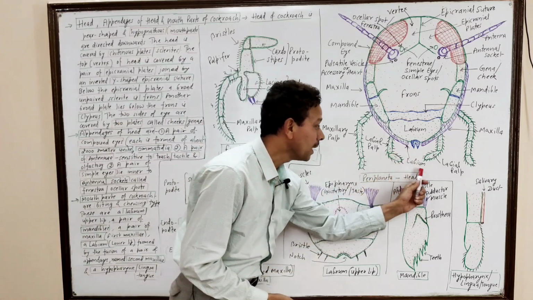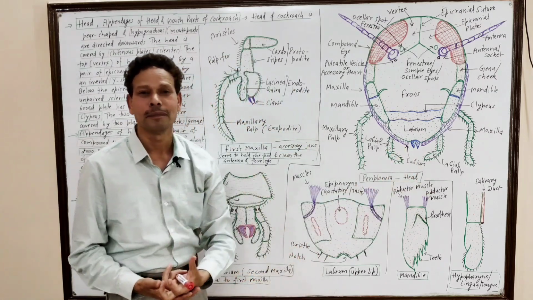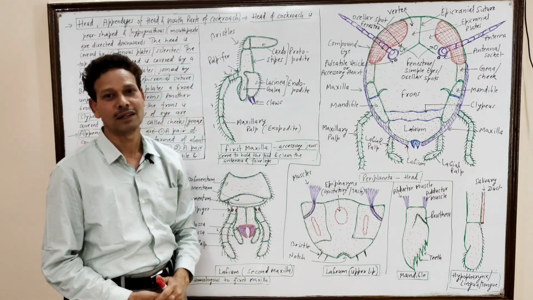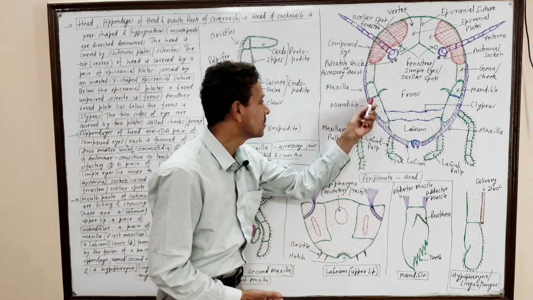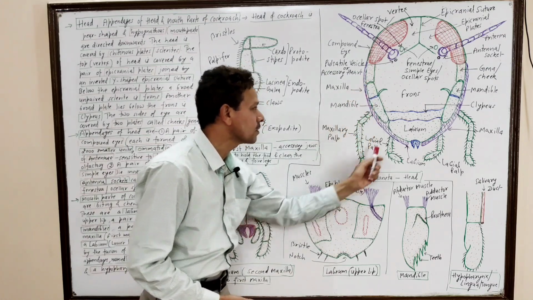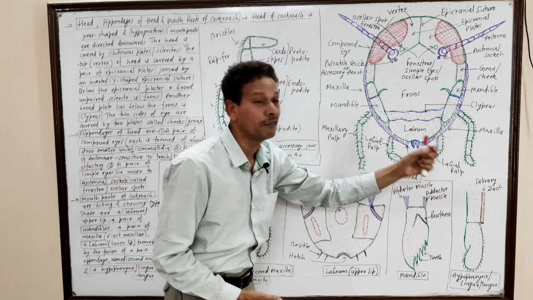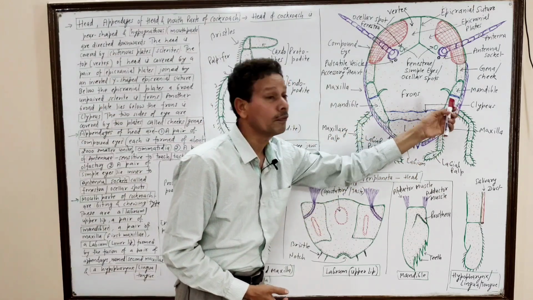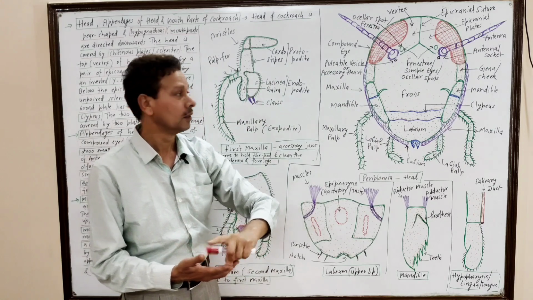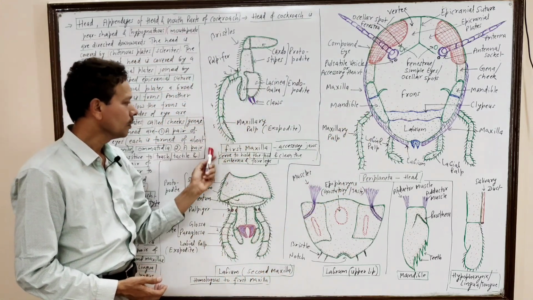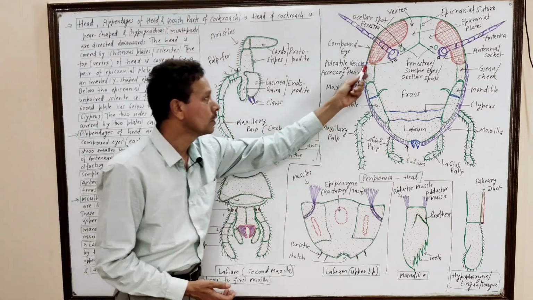Dear students, this labium, the lower lip, is named second maxilla, and the first maxilla is this outer region, this is the true maxilla, first maxilla. These are a pair of maxilla.